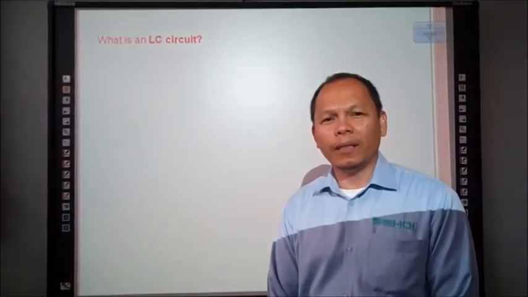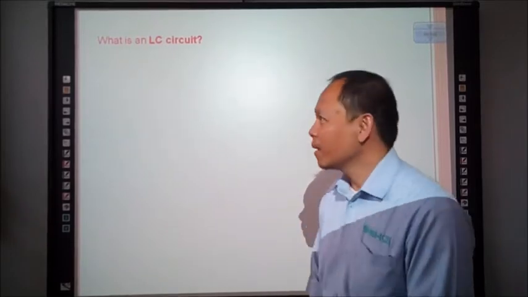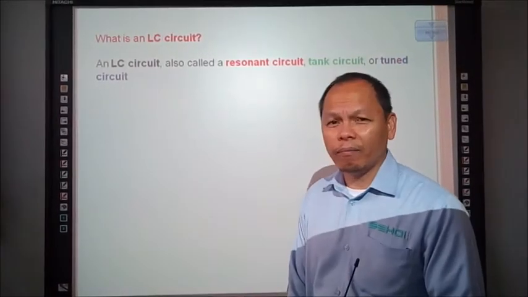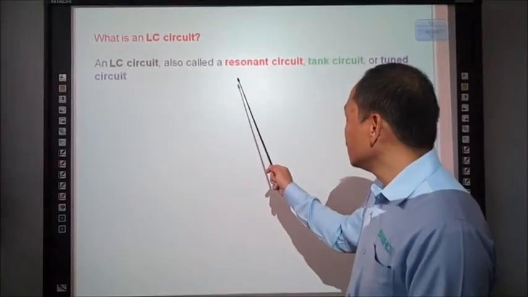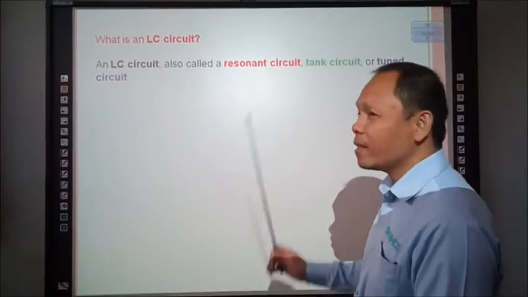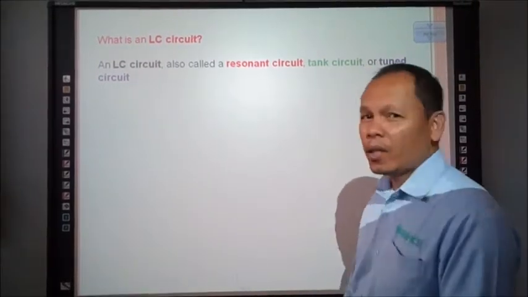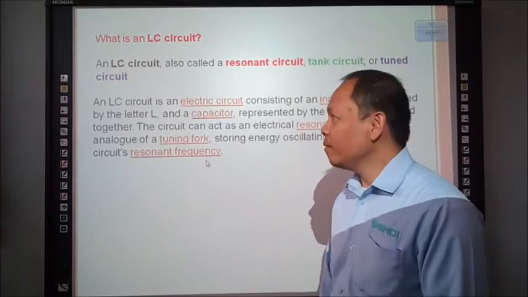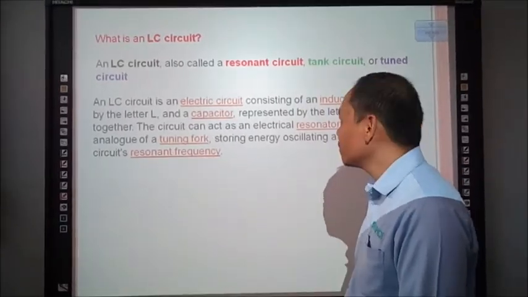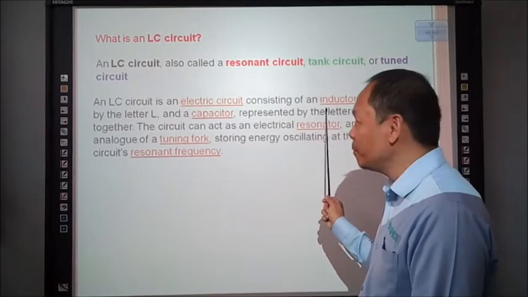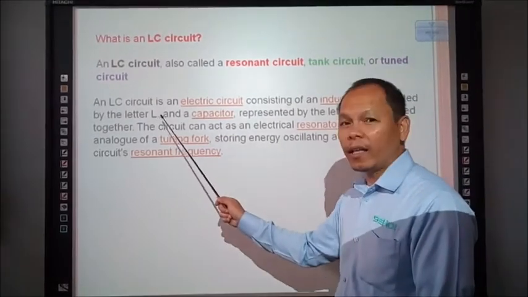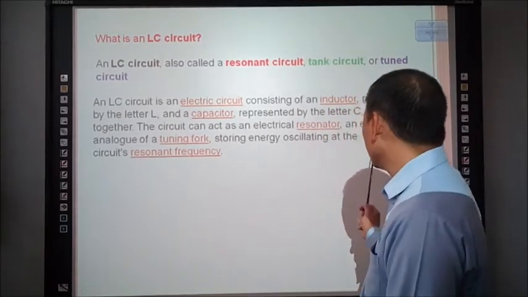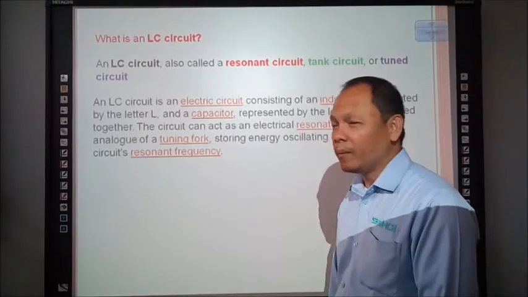First, we're going to define what an LC circuit is. An LC circuit is also called a resonant circuit, tank circuit, or tuned circuit. It is an electric circuit that consists of an inductor, represented by letter L, and a capacitor, represented by letter C, connected together.